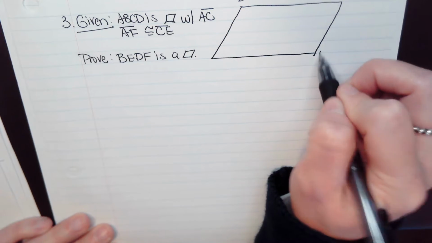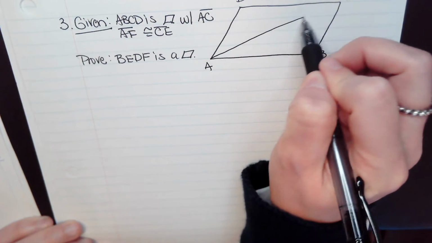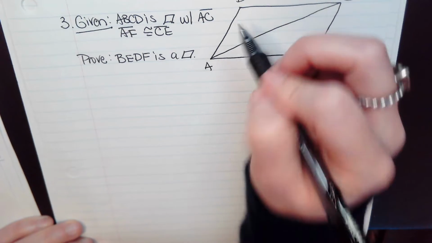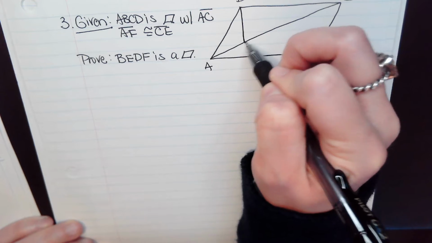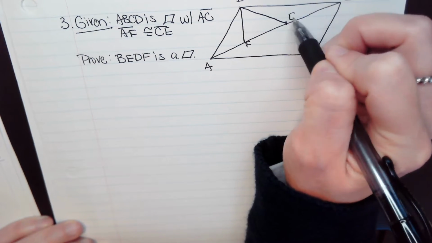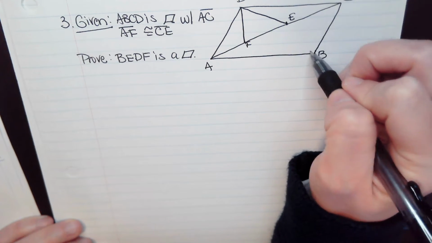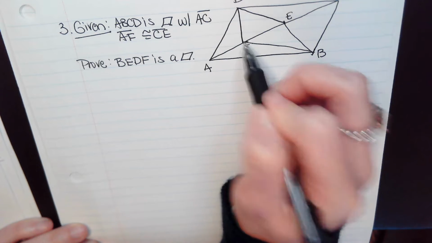D, C, E, A. Got segment AC, the diagonal drawn in. And then you've got DF, segment DE, and then you've got BE and BF.